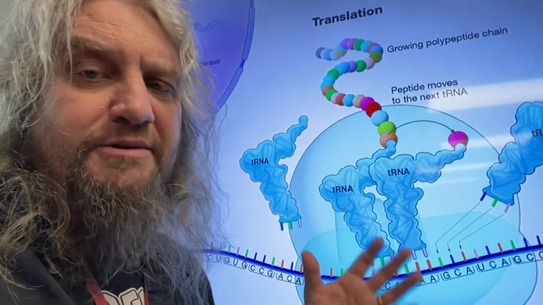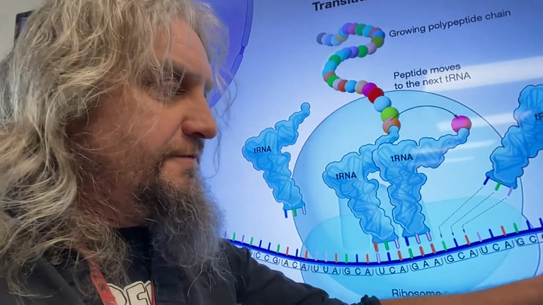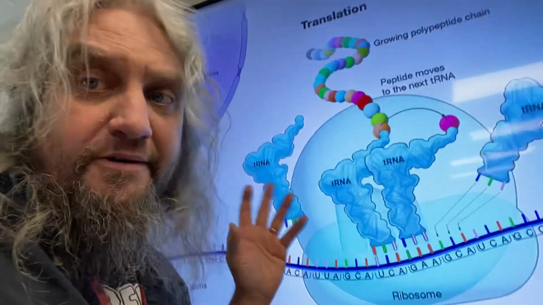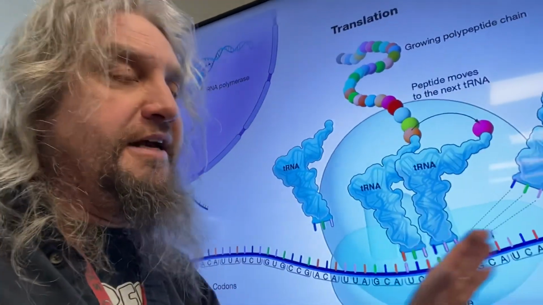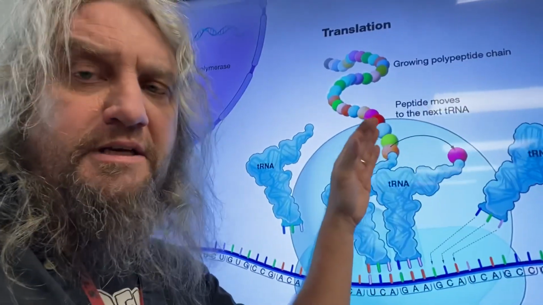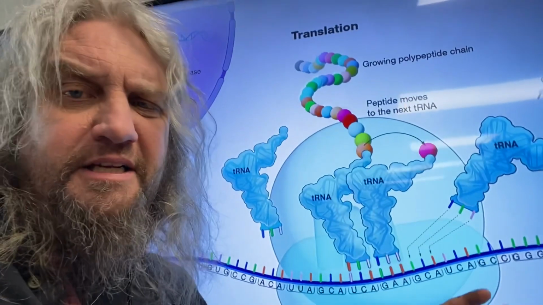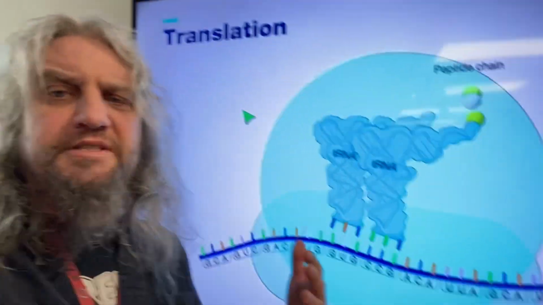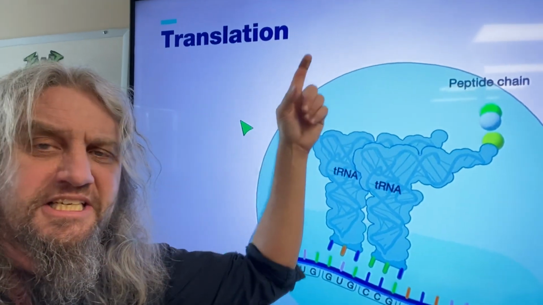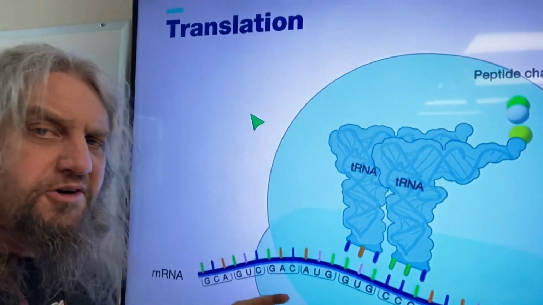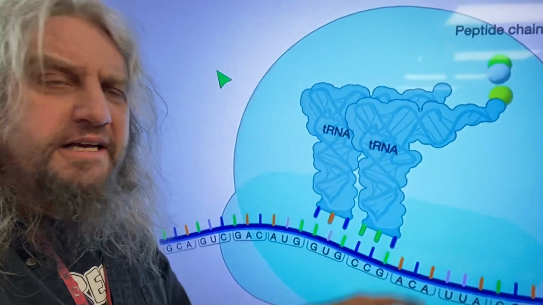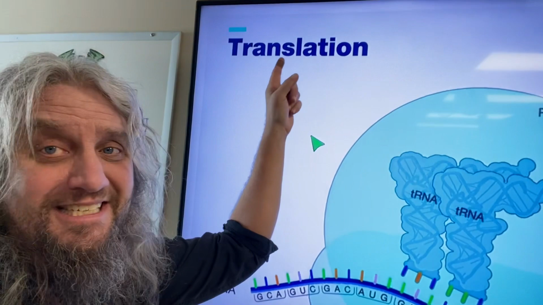The ribosome is going to follow directions on the mRNA template, and use those instructions to put amino acids together to make a protein. The building of a protein is called translation. It happens at the ribosome. You need a piece of mRNA, and you need tRNA as well in order to do translation.